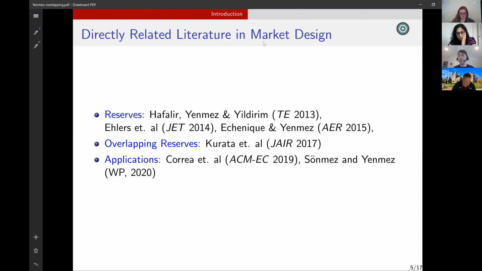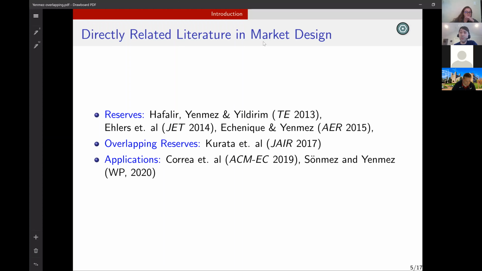We show in our paper that this way of breaking the indifferences introduces some difficulties. For example, you may not be able to fill as many of the reserved positions as possible, and two, even if you do, you may be admitting individuals with lower merit scores.